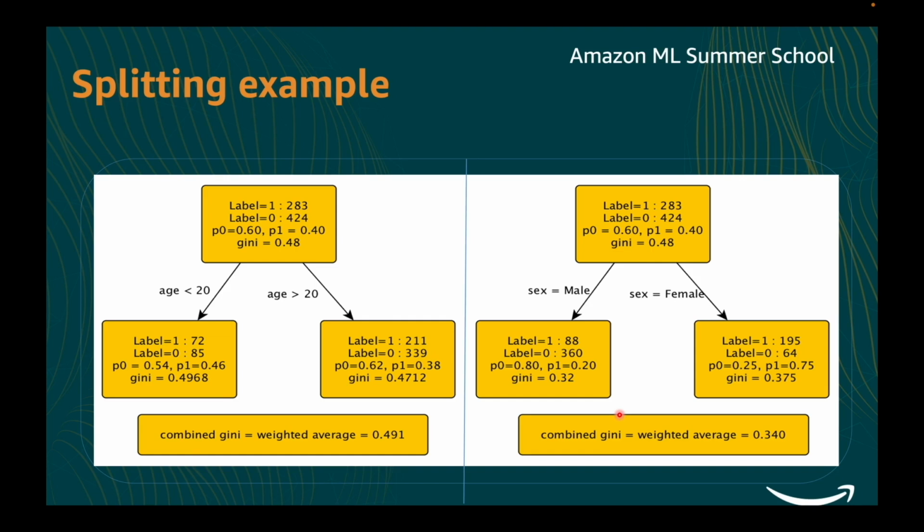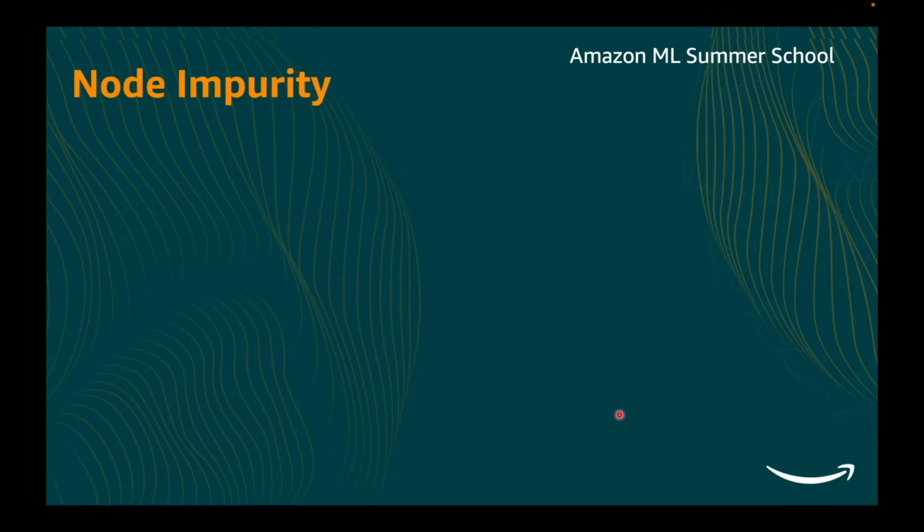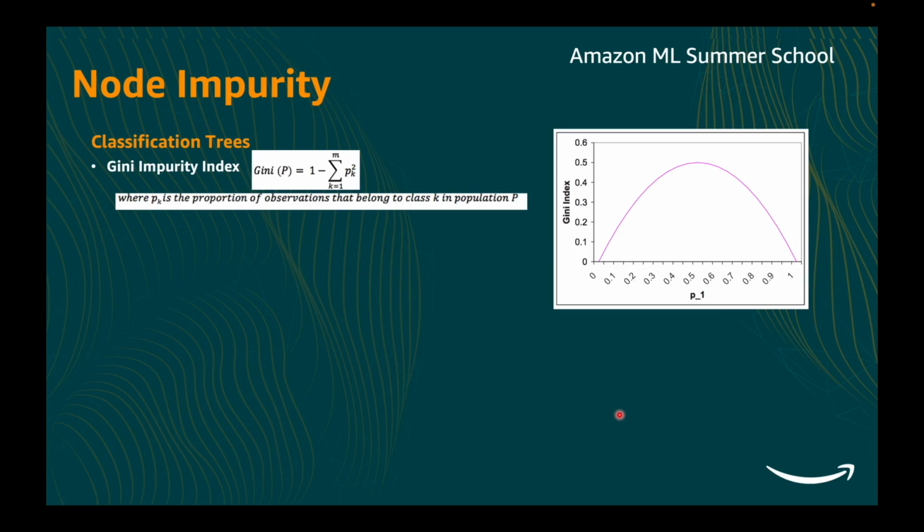So now let's talk a little bit about the Gini impurity value. What is this idea of Gini impurity? For a particular node, we've selected some splitting criteria and moved examples into the left and right subtrees.